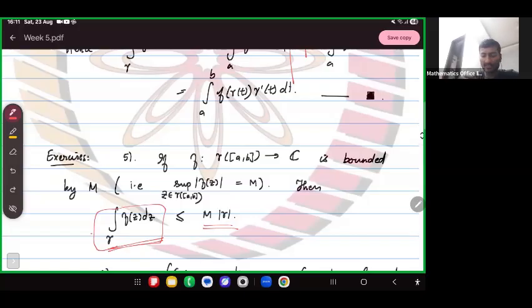So the mistake is here it was modulus. Okay, modulus of this integral is less than or equal to m into length of gamma.